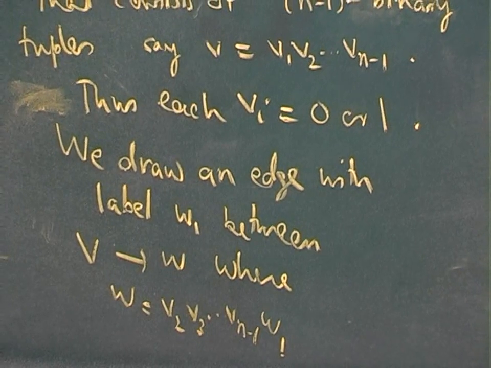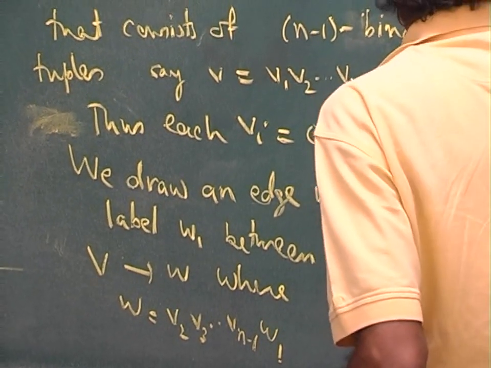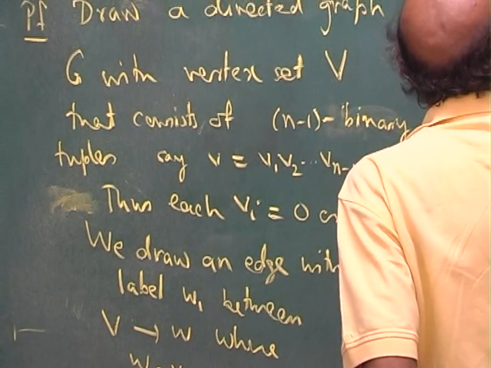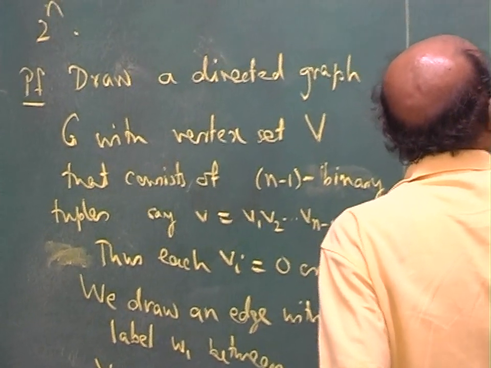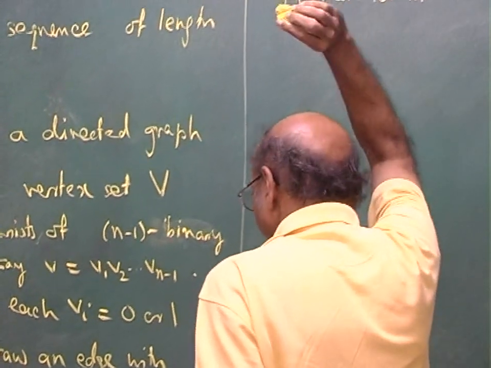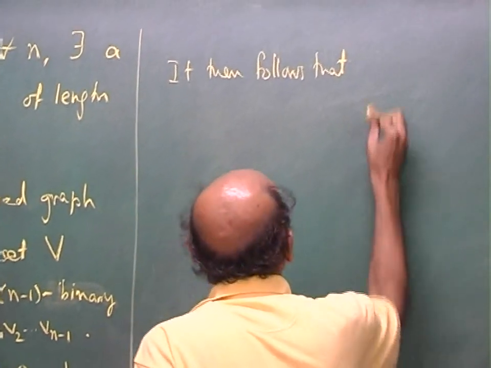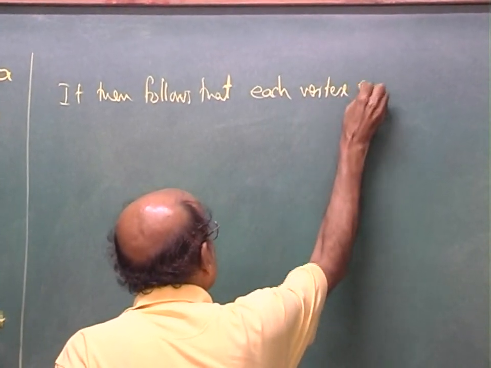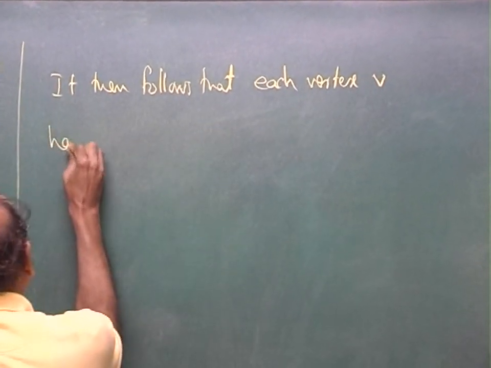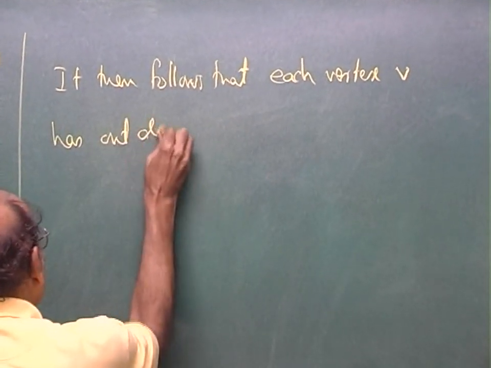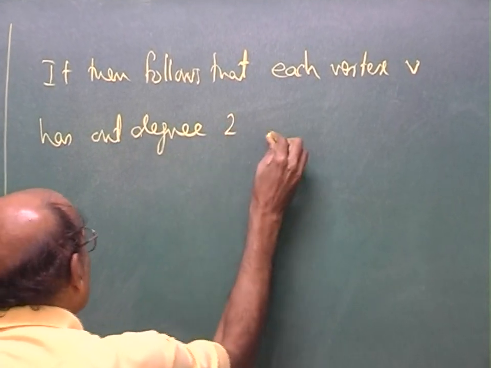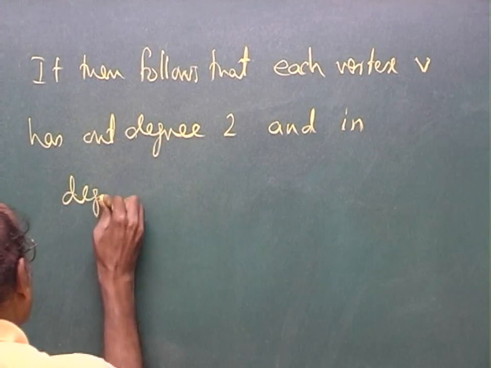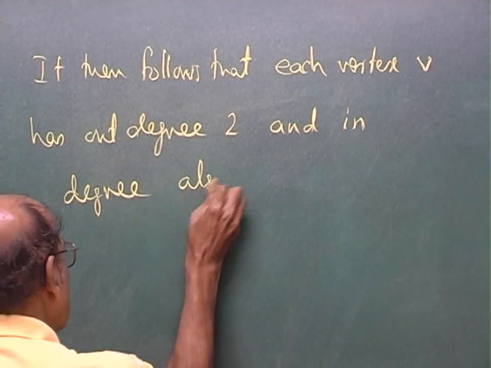It then follows that each vertex has out degree 2 and in degree also 2.